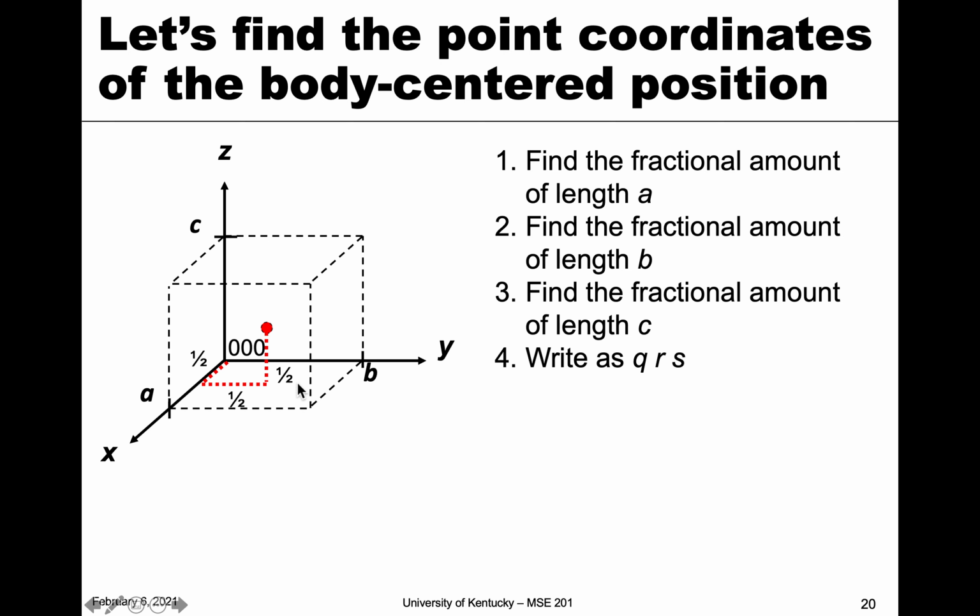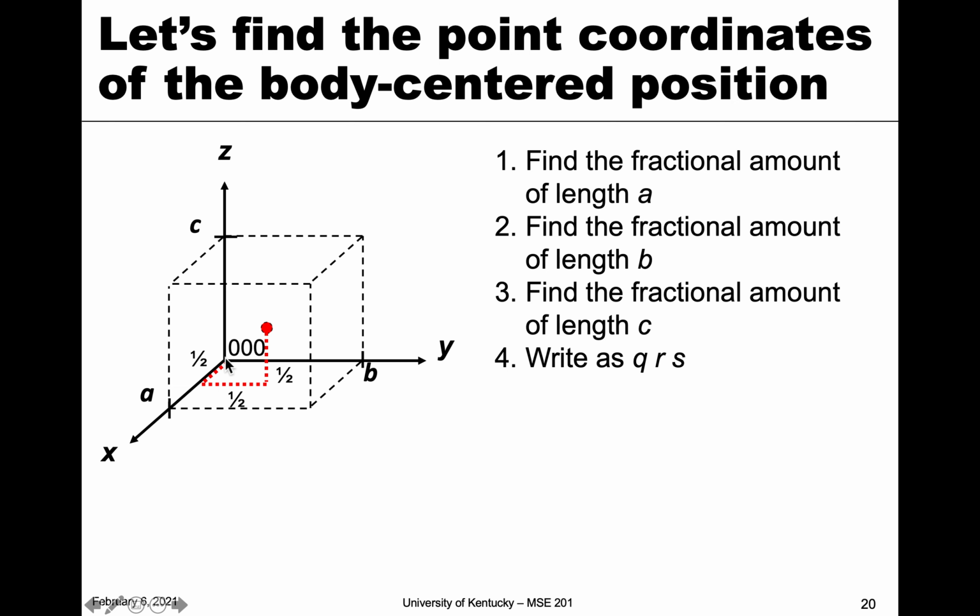So what we do is think of this as starting at the origin, 0, 0, 0, of this coordinate system, the back left corner of the unit cell, and we're going to find the fractional amounts along each of the lengths.